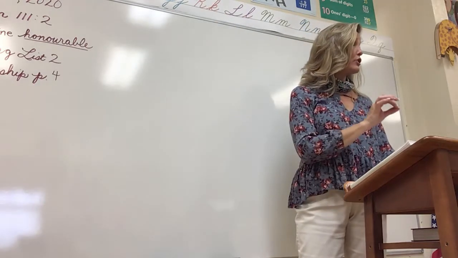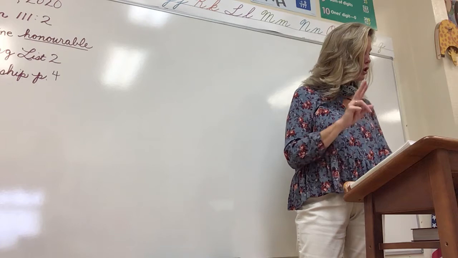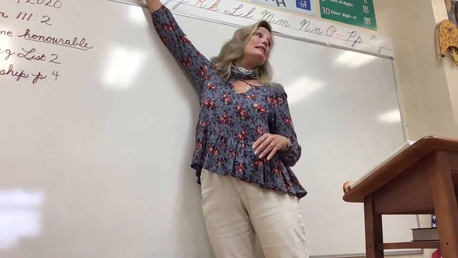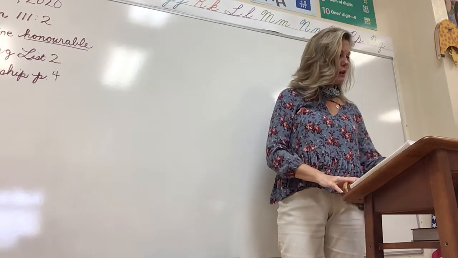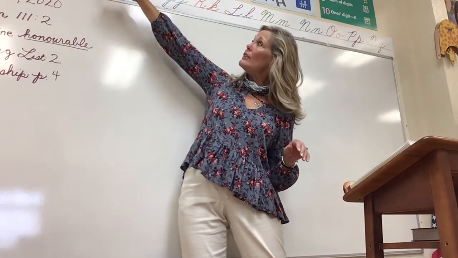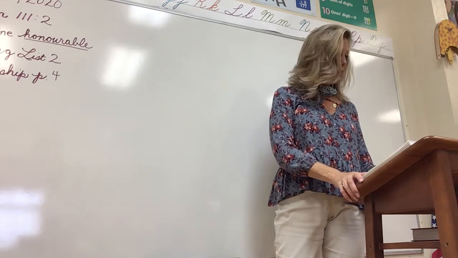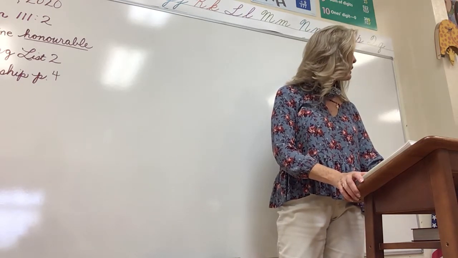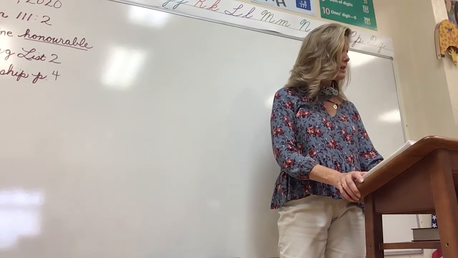Does everybody understand the terminology being used there? Yes? Look at number 2. Whole numbers containing 7, 8, or 9 digits would be in the millions period. Very good. Whole numbers containing 10, 11, or 12 digits would be in the billions period.